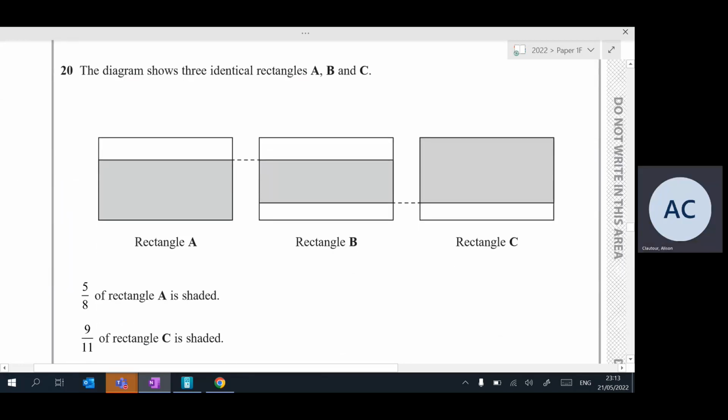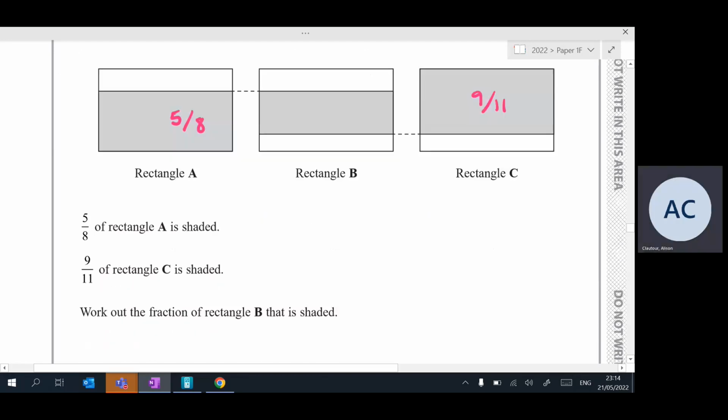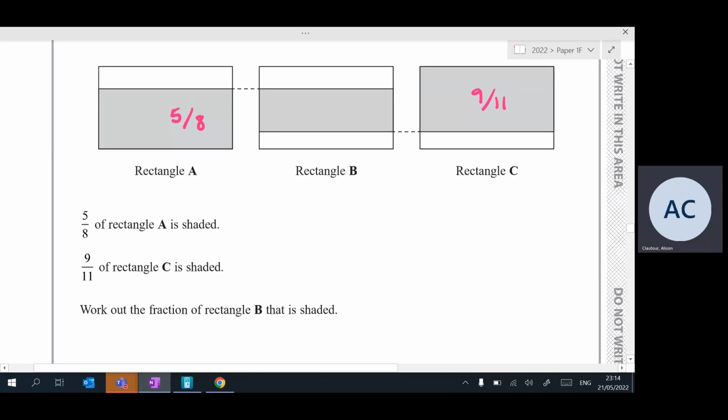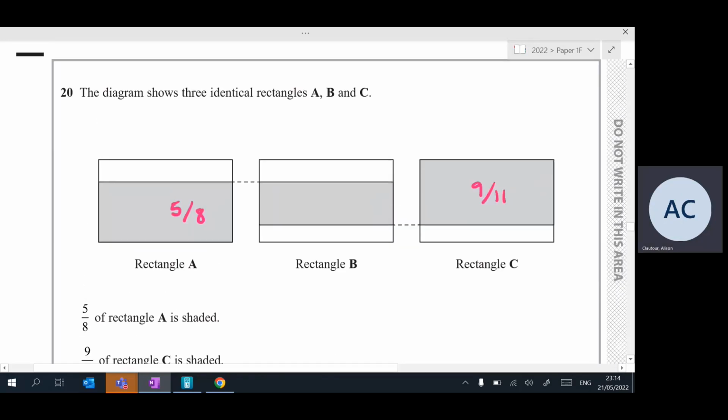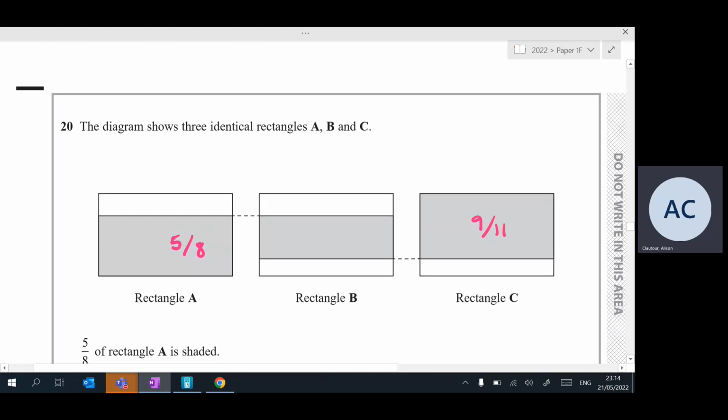So 3 rectangles A, B and C. 5/8 of A is shaded. So this section here, pen doesn't want to work, is 5/8. The C is 9/11. We want to work out what fraction of B is shaded. So if we think about what's unshaded, it's probably easier. So we've got 5/8.